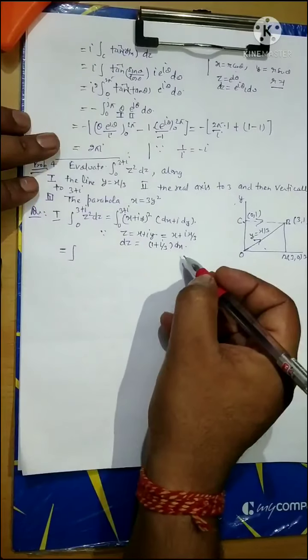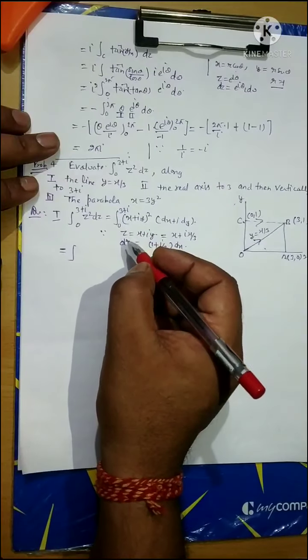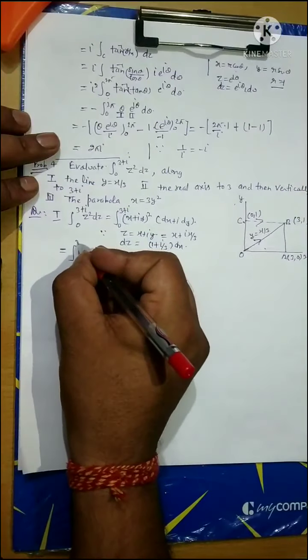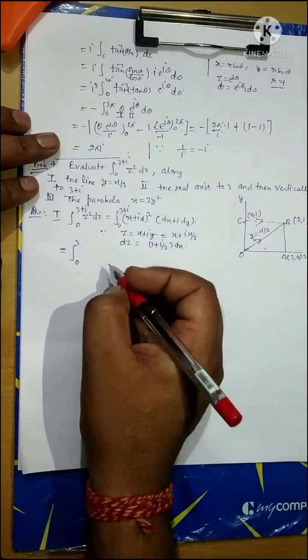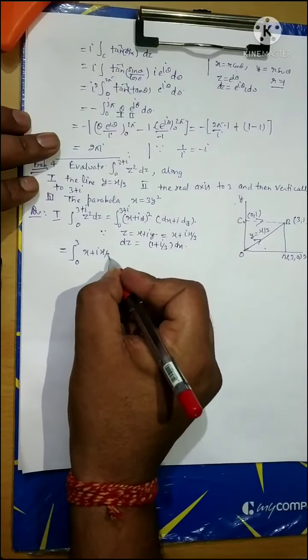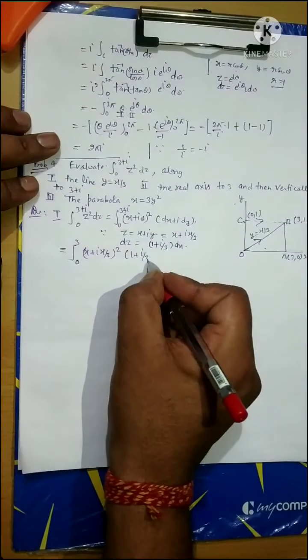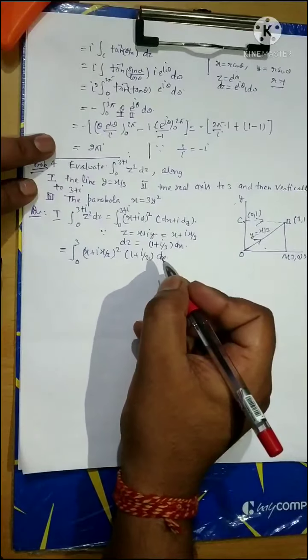Therefore the integration converts into only the x variable. The limit of x varies 0 to 3. Now z square is x plus i x by 3 whole square, dz is 1 plus i by 3 dx.